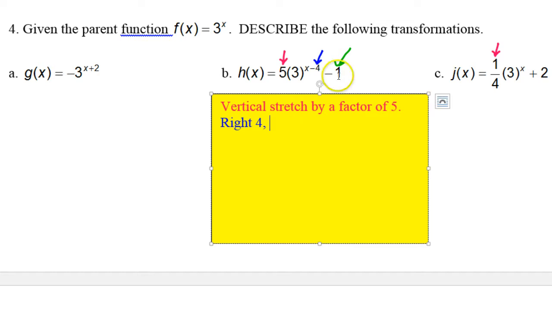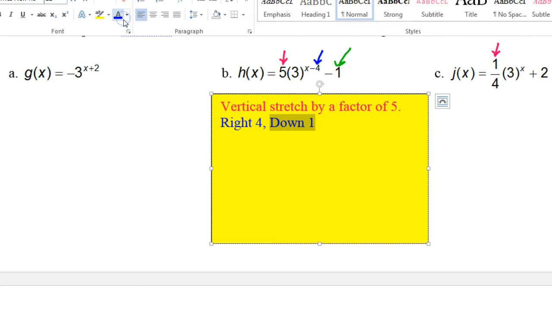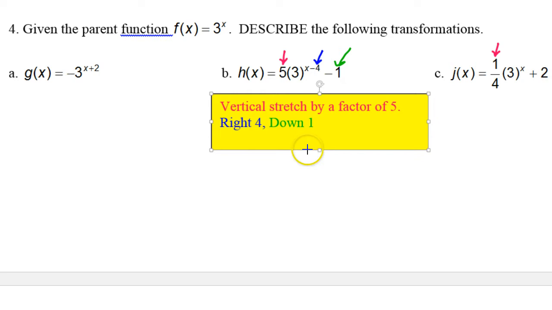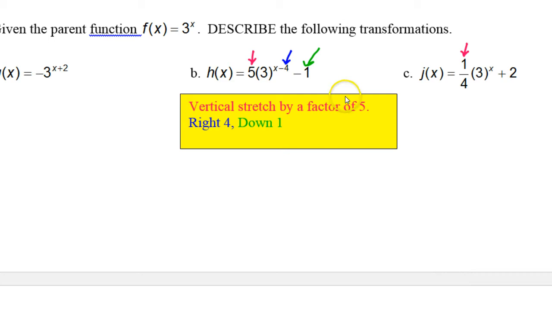So -1 will be down 1. All right, so there are only these 3 transformations on problem number 4. And I guess I did not really need all of that much space. With that in mind, I guess I will slide over to C.